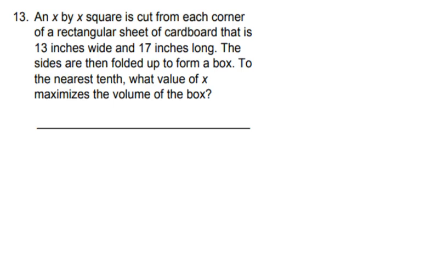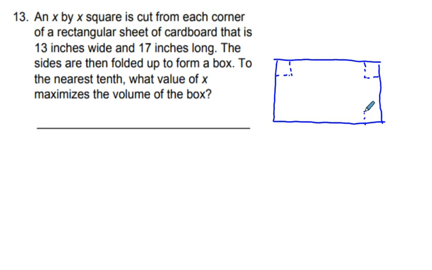Next, 13. An x by x square is cut from each corner of a rectangular sheet of cardboard. So we went over this, I thought, quite well. Basically, you have a sheet of cardboard here, and you're going to be cutting corners, and the dimensions of the corner are going to be x.